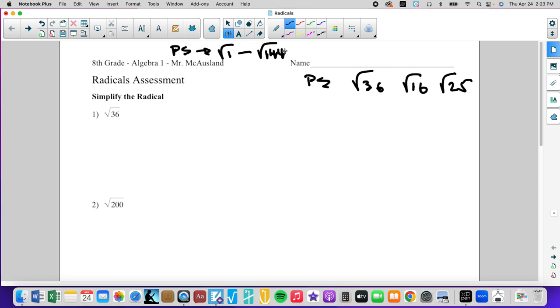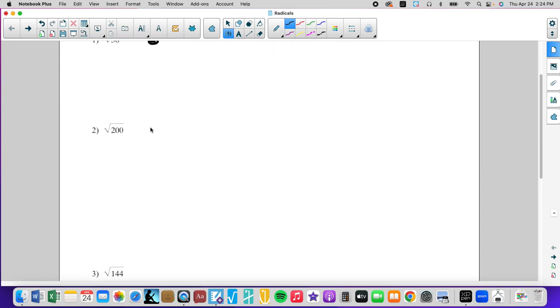Most students in high school will know those 1 through 400. But we're in 8th grade, so I expect you to know it up to 144. So when we see the square root of 36, we should know that it's a perfect square and it equals 6. 200 is not one of those perfect squares.